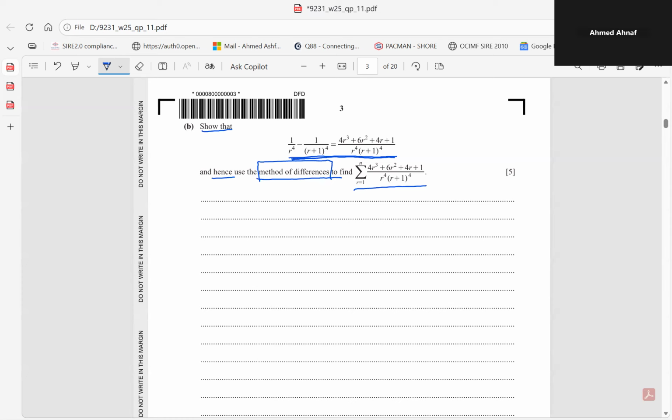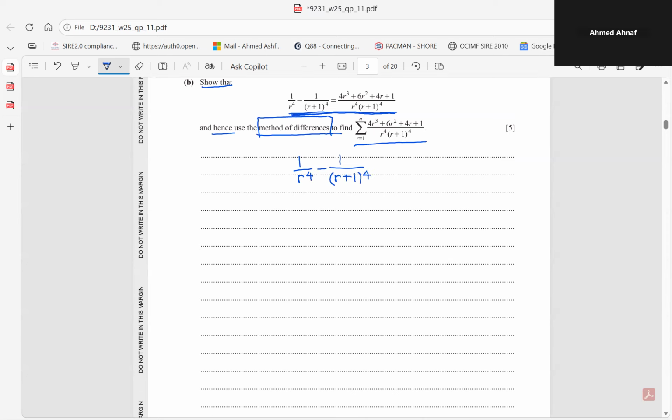Okay, so let's start. So 1 over r to the power 4 minus 1 over r plus 1 to the power 4. First things first, make the denominator the same for both fractions. So in this case, you want to make the denominator r to the power 4 times r plus 1 to the power 4.